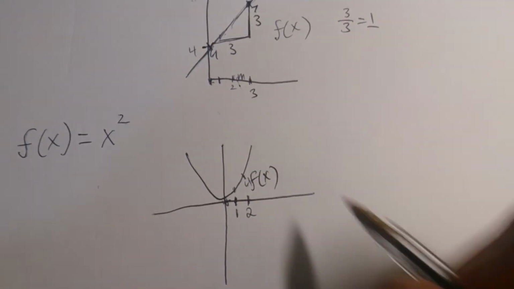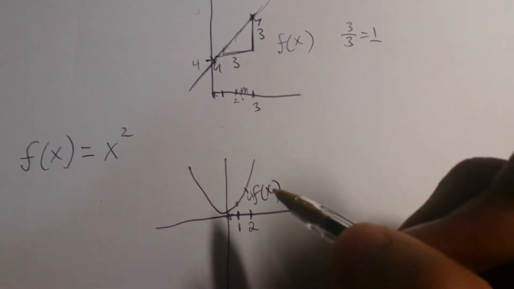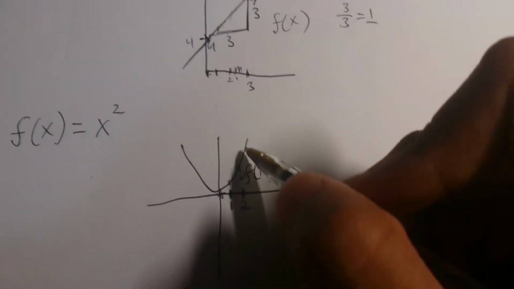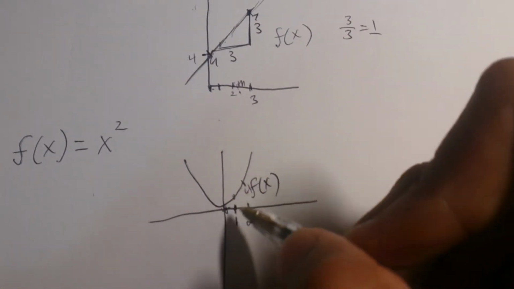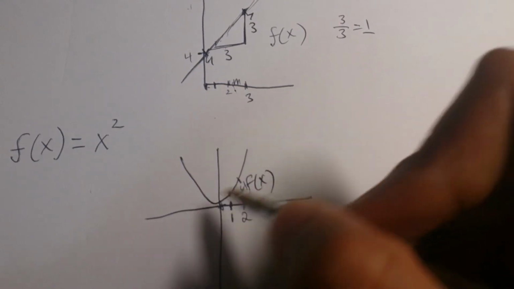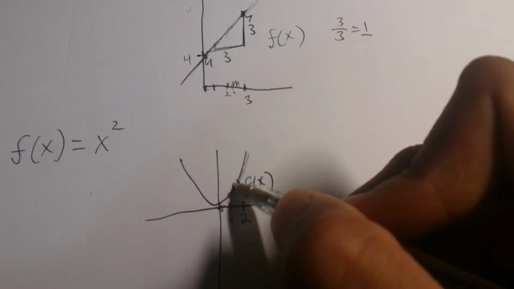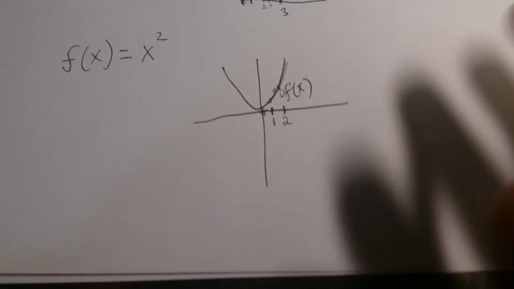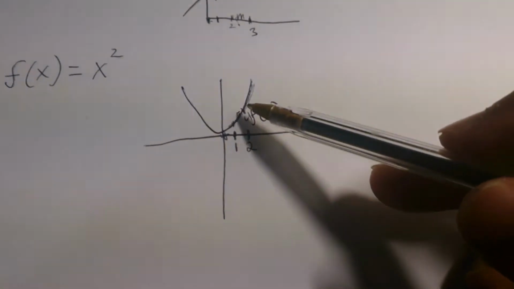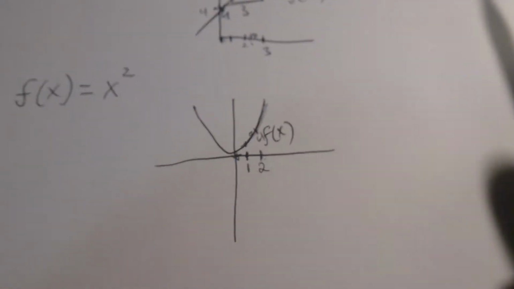Now, we can't do that with a curve like this, because the gradient of this curve is constantly changing, or the rate of change of y with respect to x is never the same. It's always changing. It's either getting steeper here or less steep here. So how would we find the gradient of this curve at some random point, let's say at x equals 2?